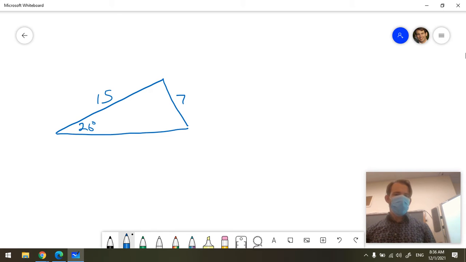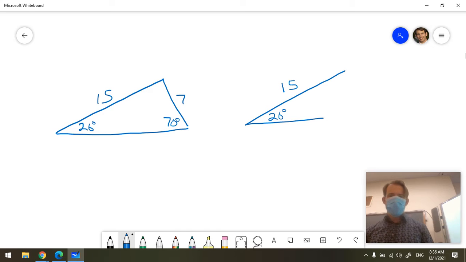Now, we could say this is about 70 degrees here, and that would look about right. This is a little bit less than 90, and that works. But we could have also drawn the triangle in this way, 15, and this is still 26 degrees here, and this is still 7 here, but now this is 110 degrees.